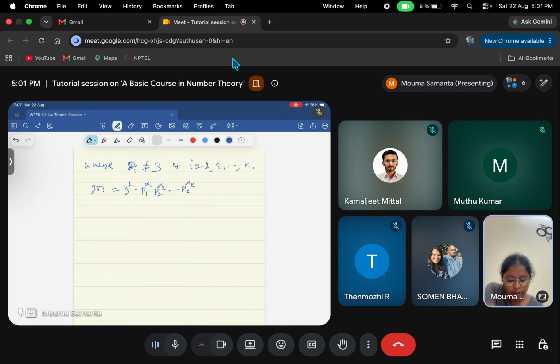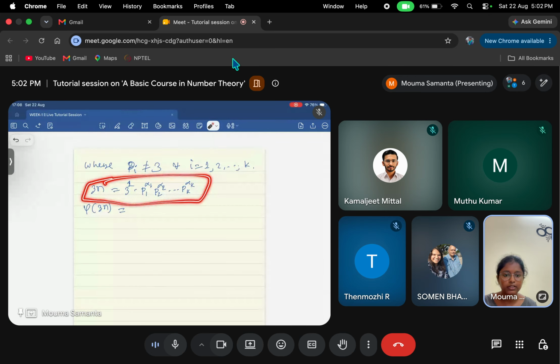Since 3 is not equal to any of those pi's from p1 up to pk, 3n will have this prime decomposition. So from here, what will be phi of 3n? Tell me quickly. From this prime decomposition, what can you say about phi of 3n?